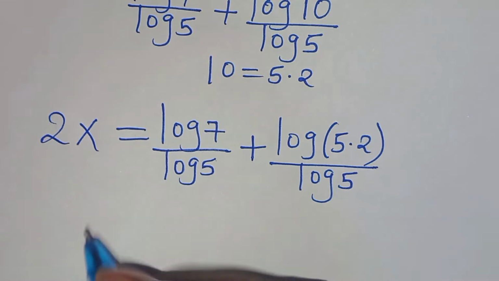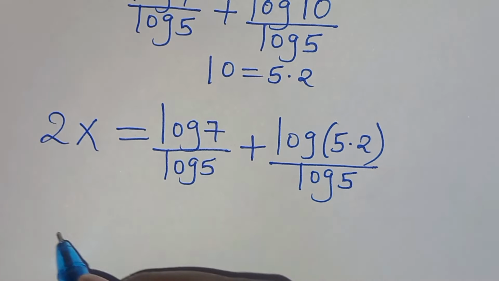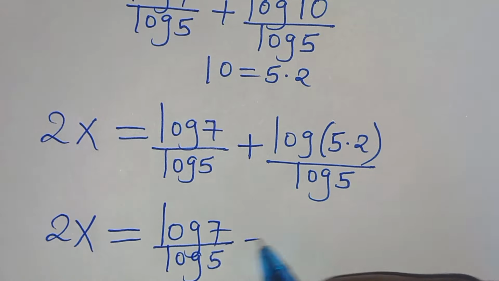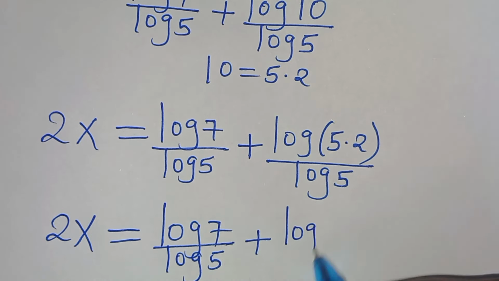So therefore from here, this is 2x, and this is equal to log 7 divided by log 5, then plus here we have log 5 divided by log 5, then plus log 2 divided by log 5.